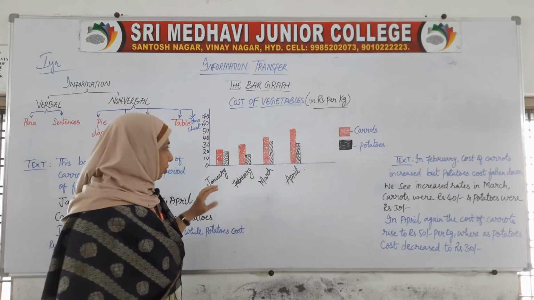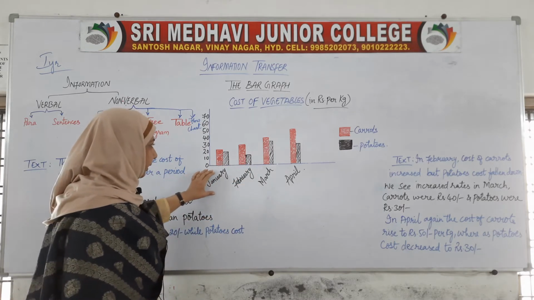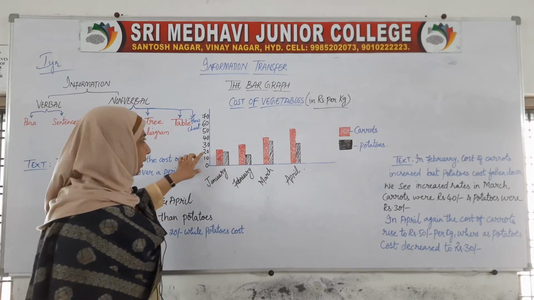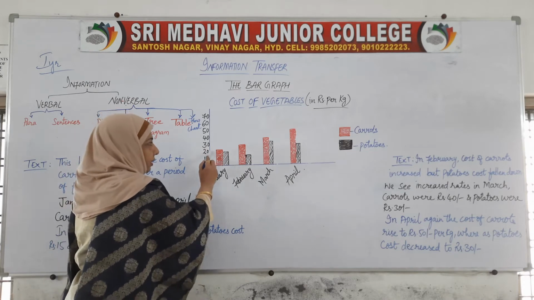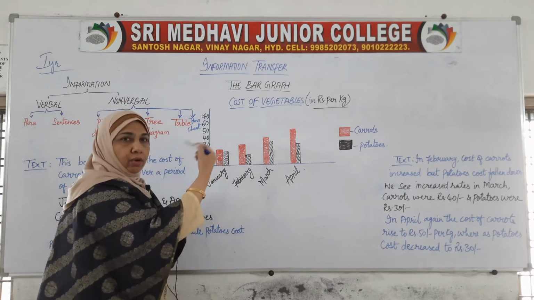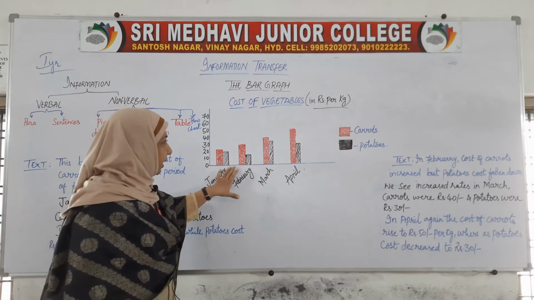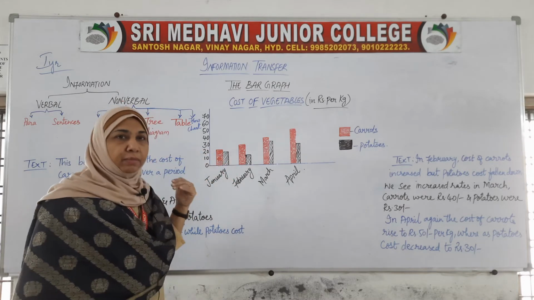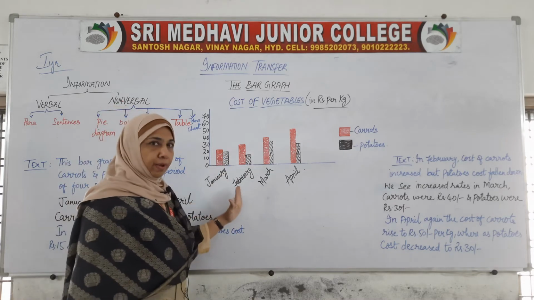Now when you see the diagram, you can get an idea that in the month of January, whose rate was high? It is carrots. Their rate is near to 20 or more than 20 rupees per kg, whereas potatoes are lesser than that, maybe 15 rupees. Then move on to February.